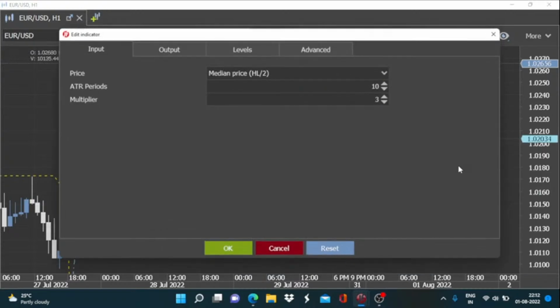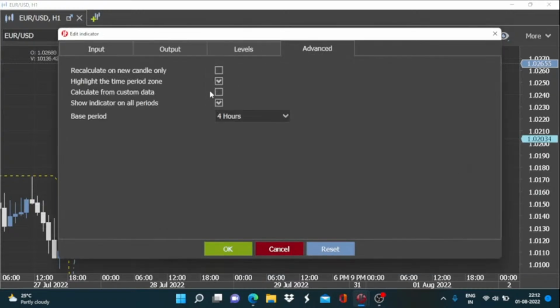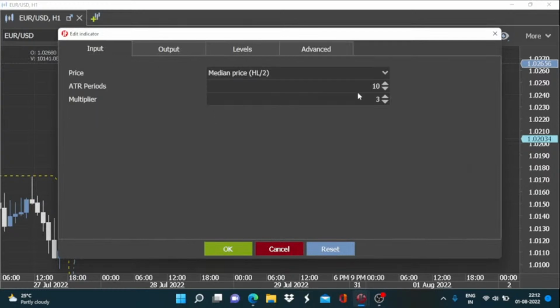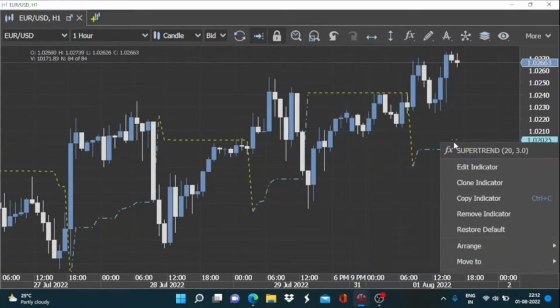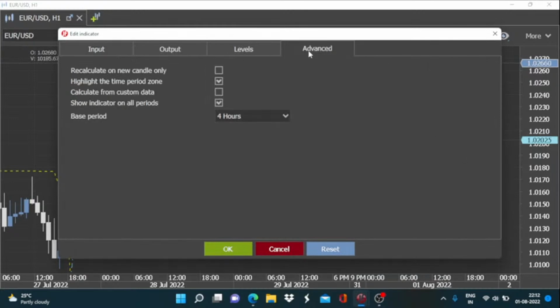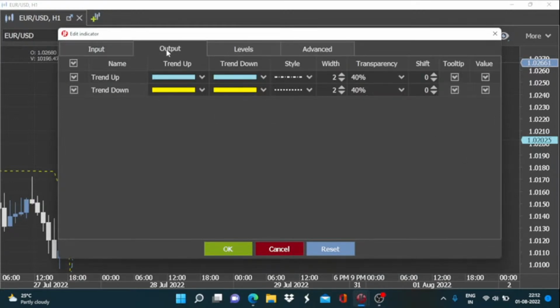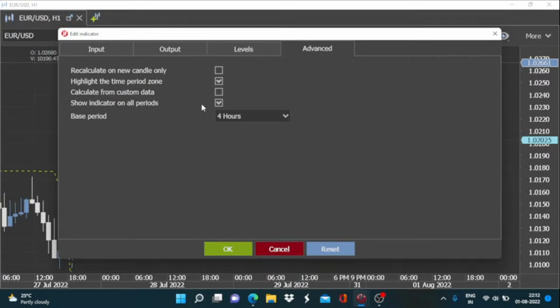If I increase this to the higher side, suppose I make it 20, you will see that now the highlighted area has increased substantially from 10 to 20, so it has doubled. All right, then we consider other options.